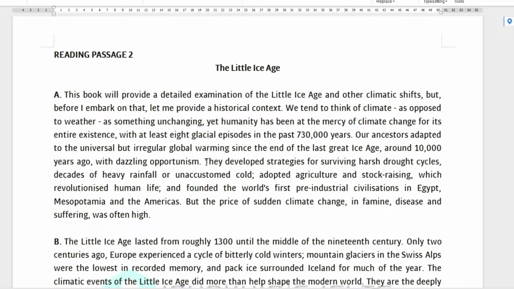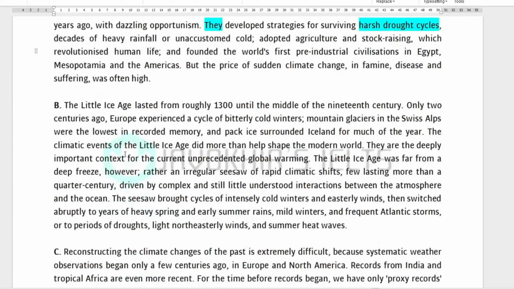They developed strategies, they're talking about human beings, developed strategies for surviving harsh drought cycles and decades of heavy rainfall and unaccustomed cold and stuff like that. Adopted agriculture and stock raising, which revolutionized human life. All right, anyways, let's continue with paragraph B now.